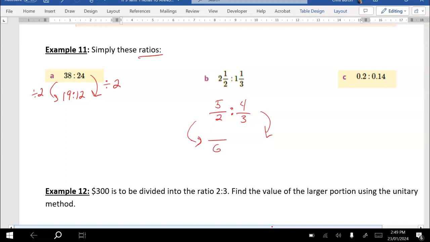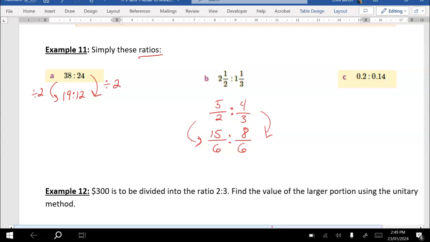For 3 and 2, the lowest common denominator is going to be 6. So 2 times 3 is 6, so 5 times 3 is 15, and in this case 3 times 2 is 6, so 4 times 2 is 8.